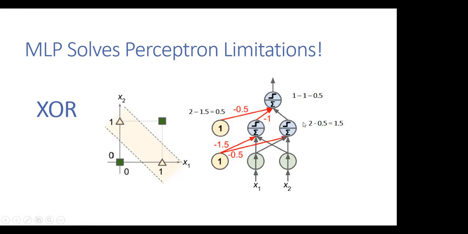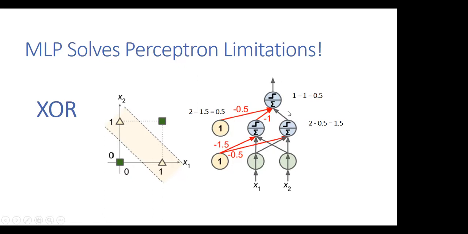We have 1.5. And now when we apply a step function, a number greater than 0 is 1. So we have 1 here, and the weight is 1 again.